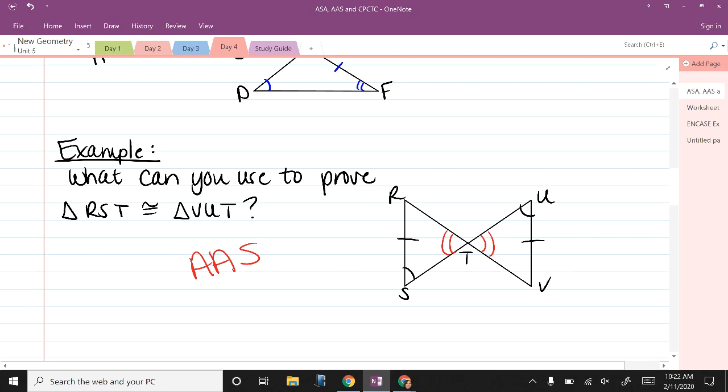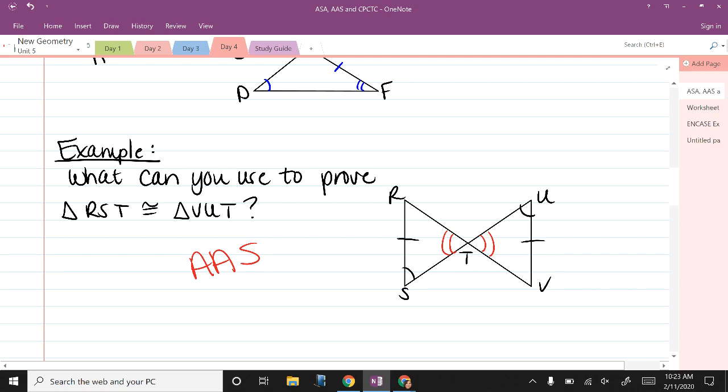So if you have these lines longer, then aren't these corresponding? Okay, so then what kind of relationship do you have in those triangles? Yeah, the side between two congruent angles. So that would be angle, side, angle. Does that make sense? So sometimes when you have those parallel lines, draw the lines a little bit longer.